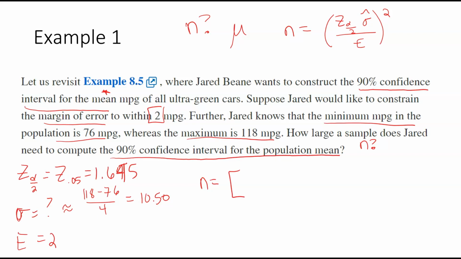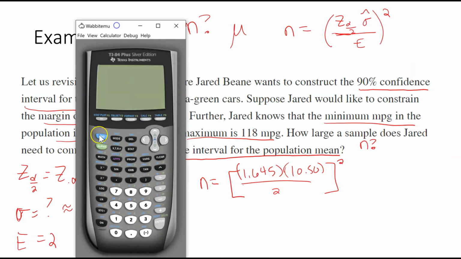So our z value is 1.645 times 10.5, and our margin of error is 2. It's really important you square it last. So when we calculate this, let me clear all this out, 1.645 times 10.5 divided by 2, and then I'm going to square it.